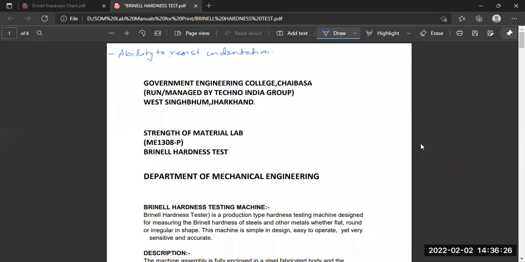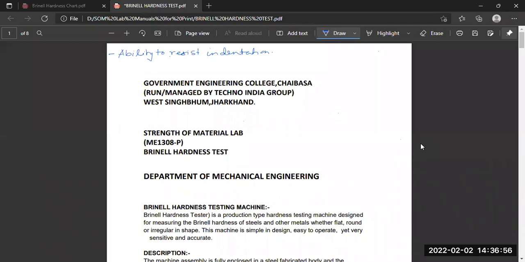What do you mean by indentation? Say you are pushing a certain hard material over a surface and trying to write something over it. If you can, no problem. But mostly you will fail, because you can't apply this so-called indenter over your surface; it is hard. It is not allowing you to indent, scribe, or mark over it. This property is defined as hardness.